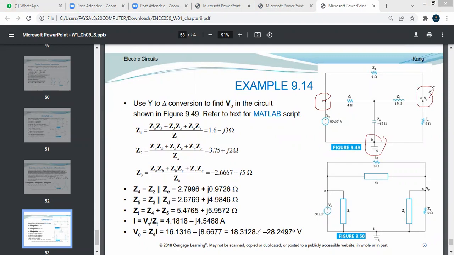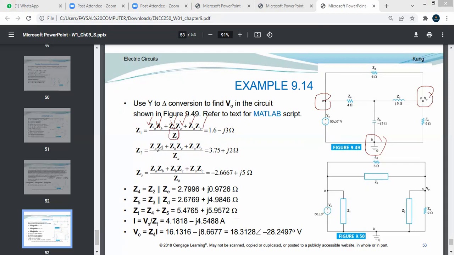So for Z1, this will be equal to ZA multiplied by ZB plus ZB multiplied by ZC plus ZA multiplied by ZC, divided by ZC.